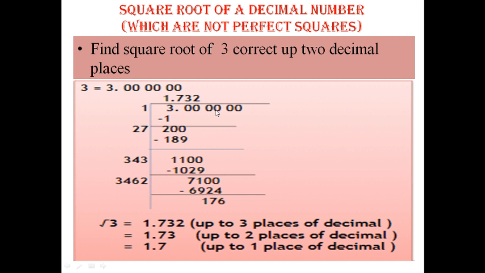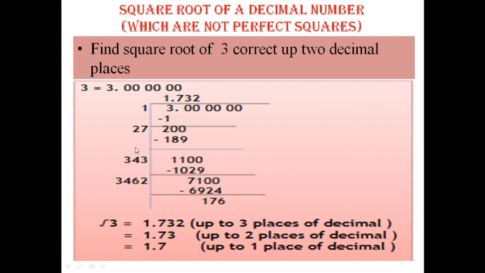Then the next pair of zeros will come here. With 11, it will become 1100. Now double of 17, because we have 1 and 7 here. And you know how we have to mark the point: after 3, when we get this pair of zeros immediately after the point, then you have to mark the point here.